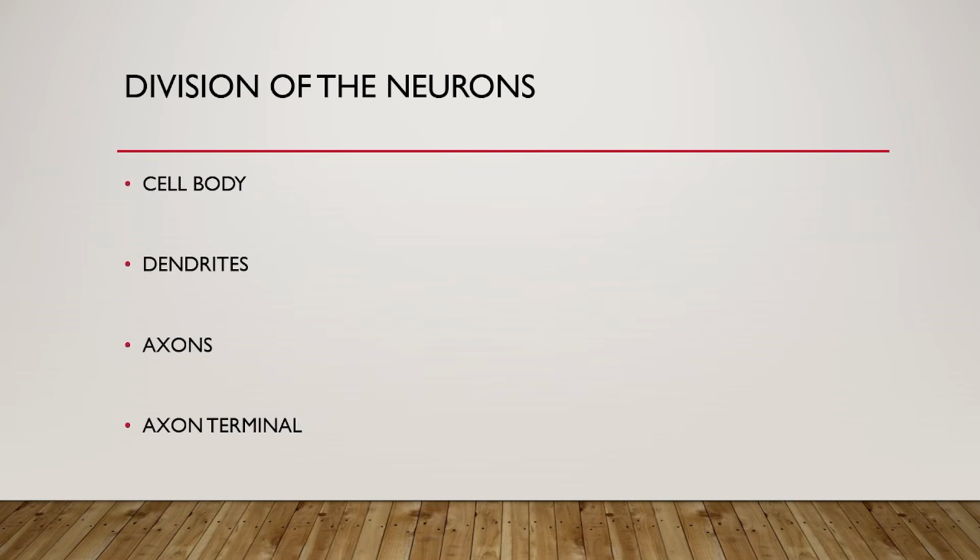We move further to look at the second division of the neurons, which is the dendrites. The dendrites receive signals from other neurons and convey them to the cell bodies. What of axons?